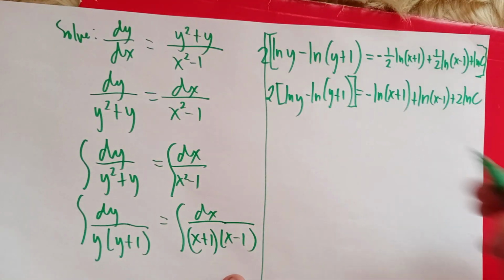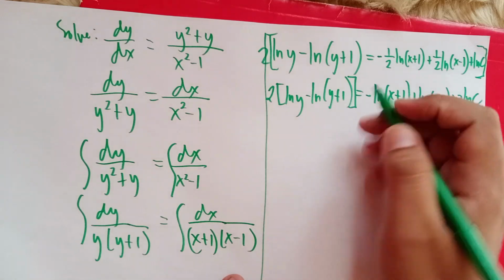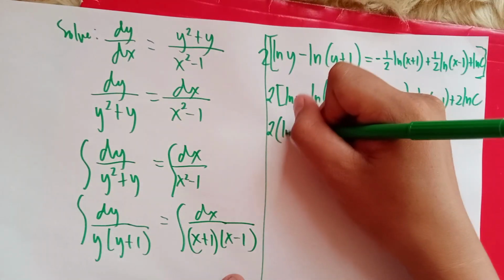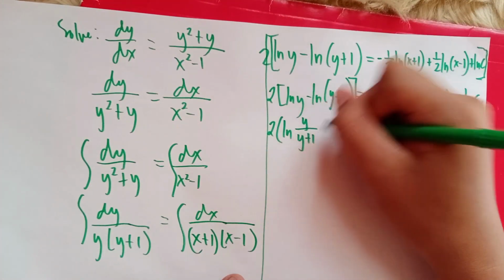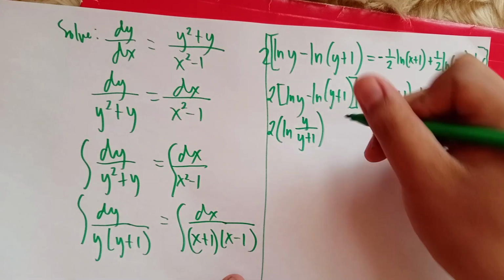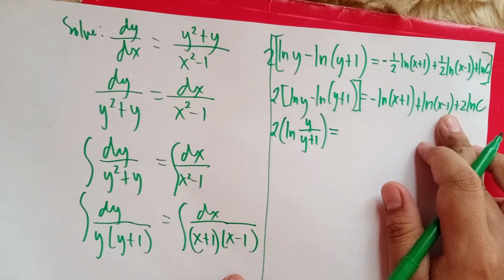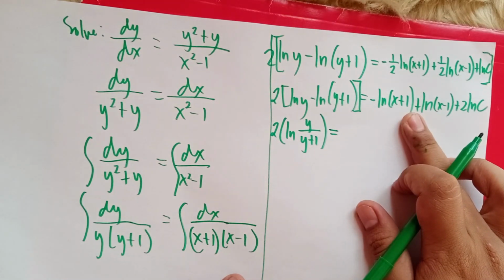so next, mga boss, okay, applying the logarithmic property, right, when it's minus, divide, mga boss, so this is equal to 2 times the natural log of y divided by y plus 1. Okay? Equals here. So, this we can write as natural log of x minus 1 minus natural log of x plus 1.